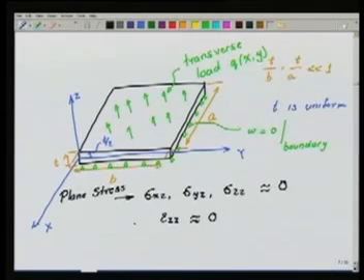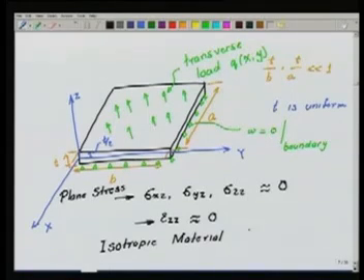This is the additional assumption that we make for the classical plate model. Let us assume that we have an isotropic material with Young's modulus E and Poisson ratio nu.